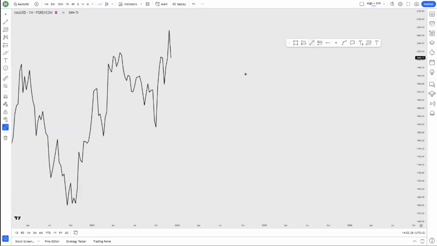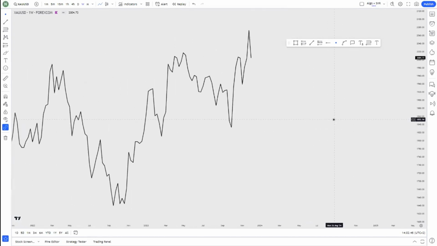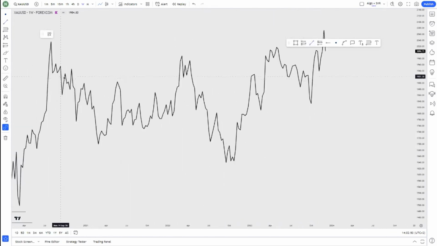You don't even need basic SNR. You only need two candlesticks to present a support or a resistance. That's what we talked about previously. Now let's first look at our A's. You're going to mark everything out.